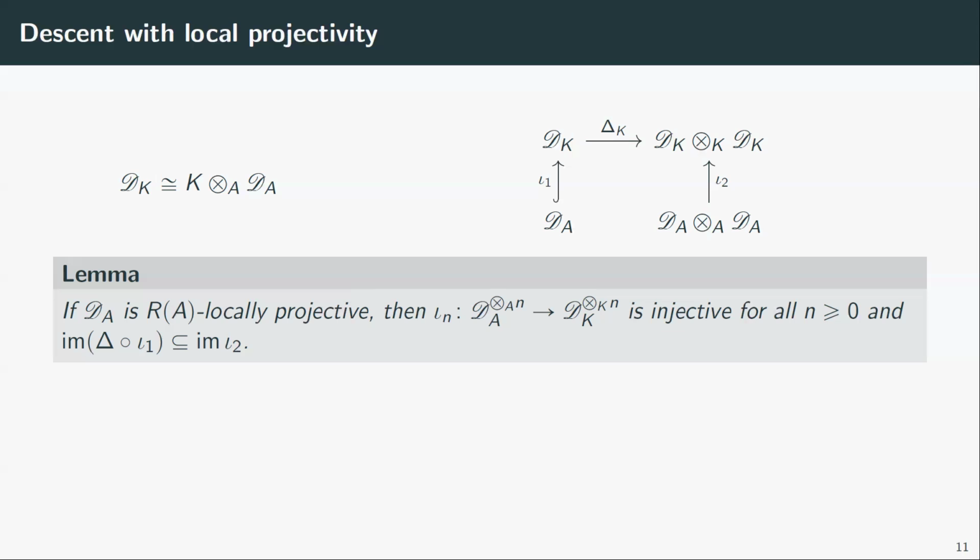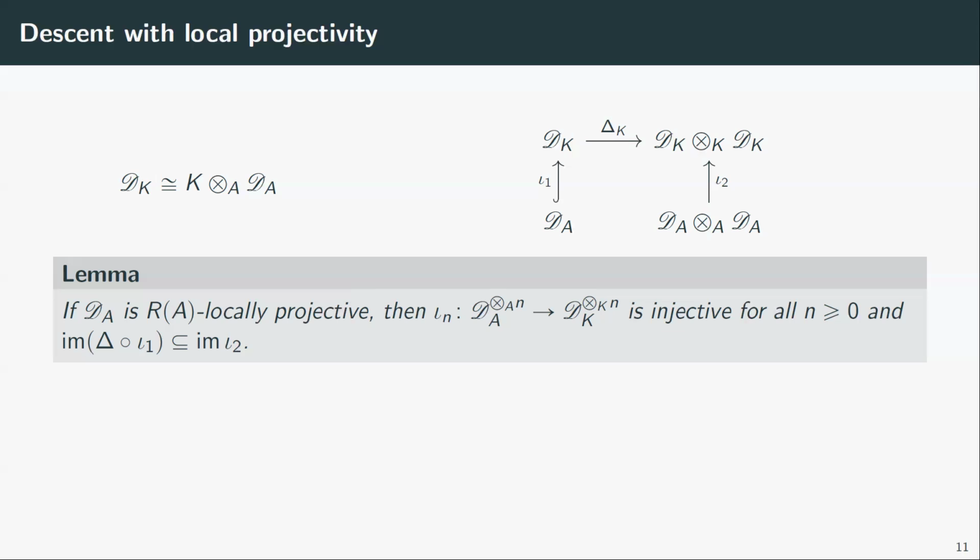But we have that D1 evaluated at 1 at A times D2 evaluated at B is just equal to D of A times B. So this follows from the properties of the co-unit for a Hopf algebroid.